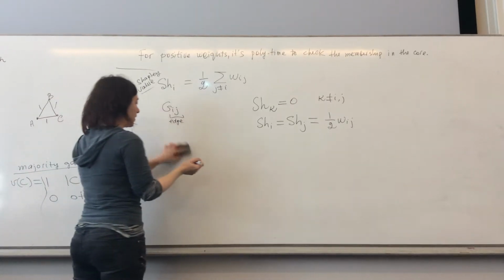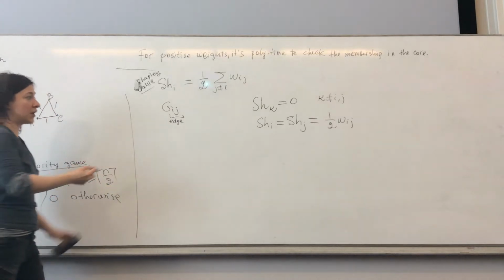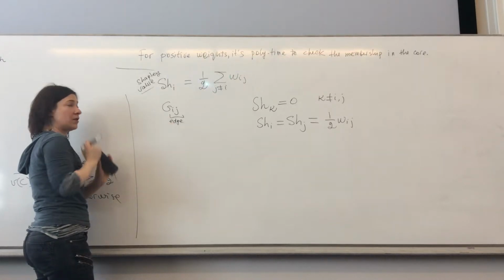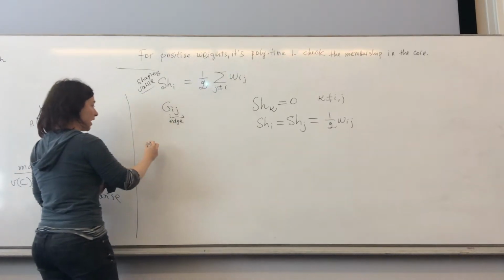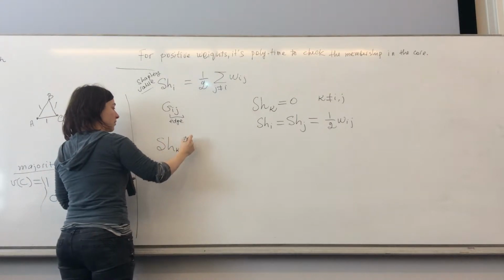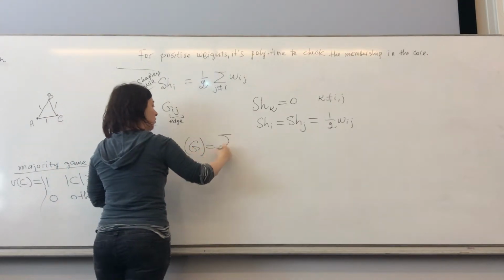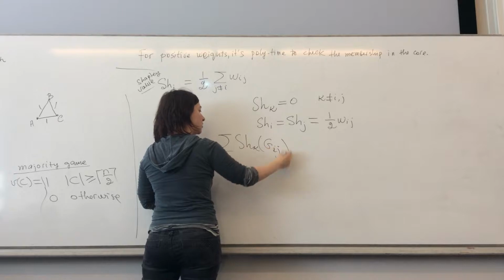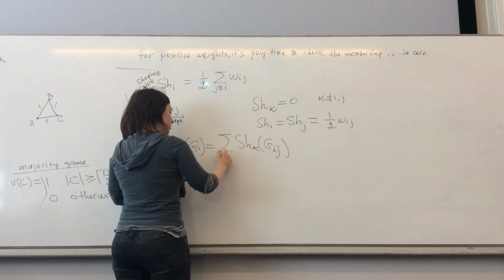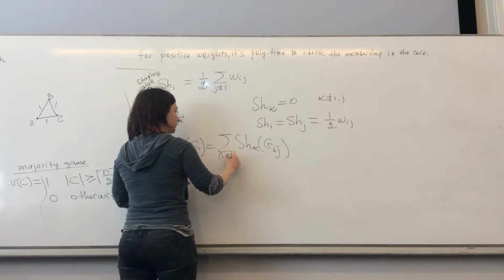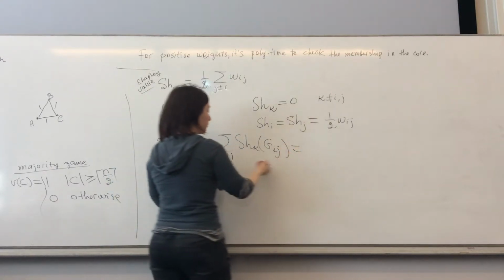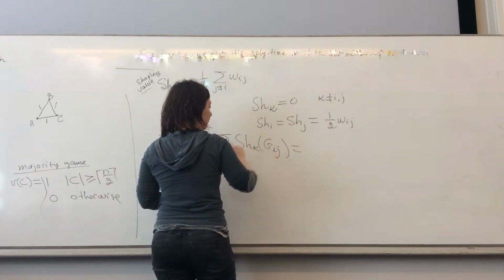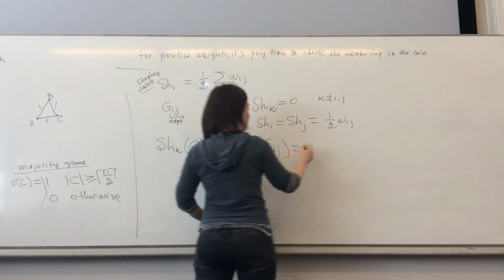Now, by additivity, our game is actually the sum of those. We have the same set of nodes, and now we put all those edges back there. The Shapley value of each agent in the total game would then be the sum of their Shapley values in those games defined for each edge, and they would have positive value only for those games where they were present in the edge.